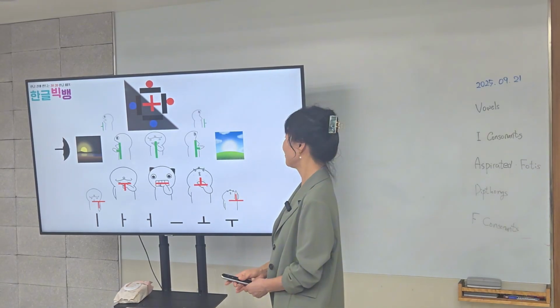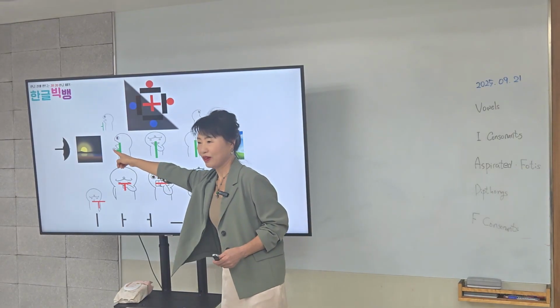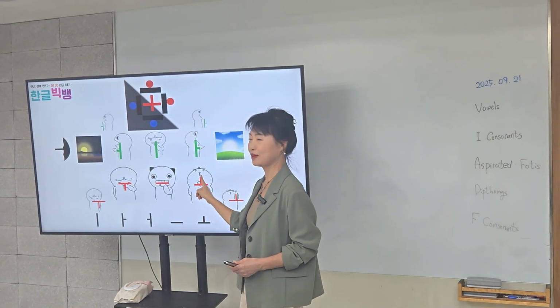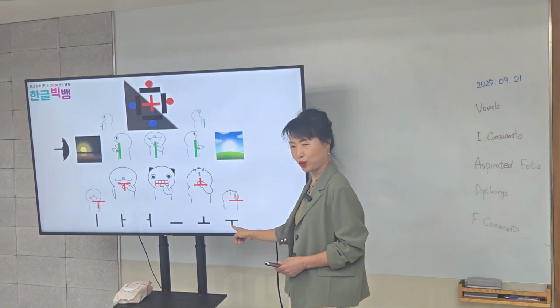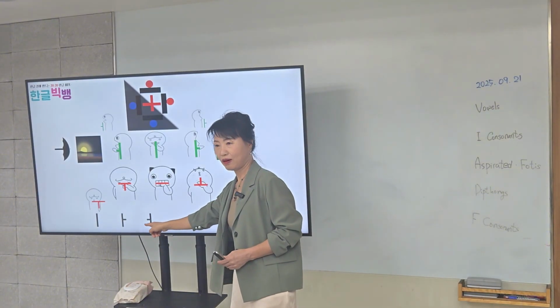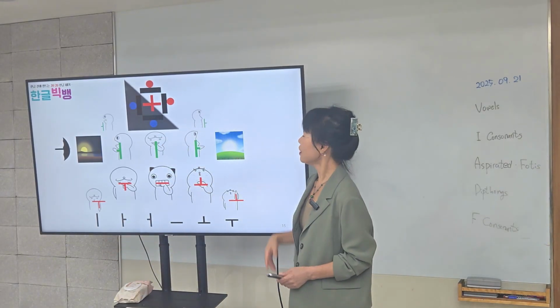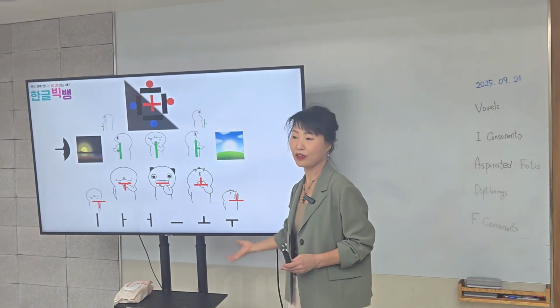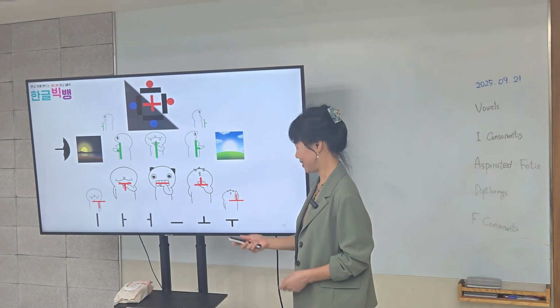So all of them from here. Good. From here. U, o, o, a. Wow. So if you know these 6 vowels, you are halfway to learning Hangul. Yeah, it is very important.